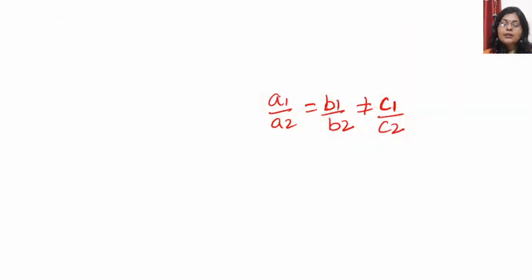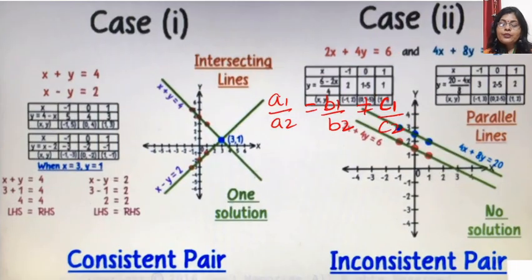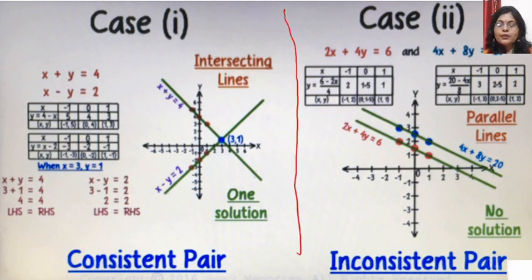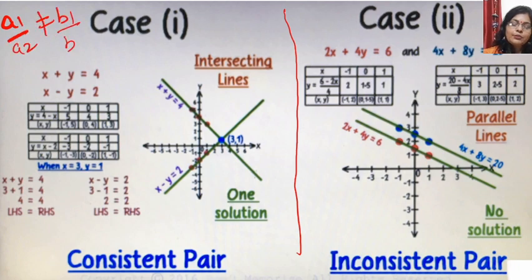Let us once again recapitulate both the cases, case 1 and case 2, what we have studied right now. In case 1, we have studied that if a1 upon a2 is not equal to b1 upon b2, then these lines are intersecting lines. They will intersect at one point and they will necessarily have one solution.